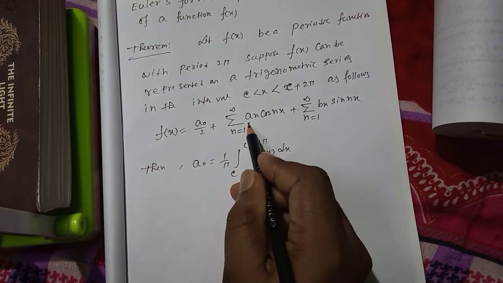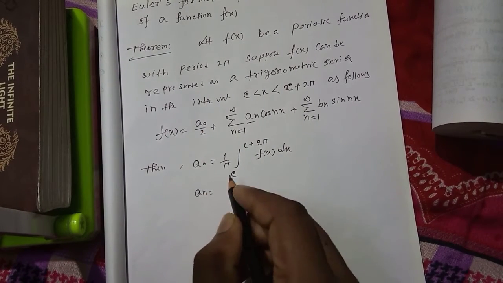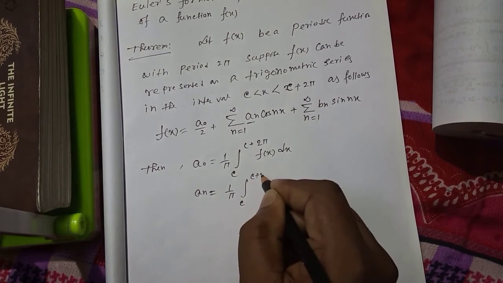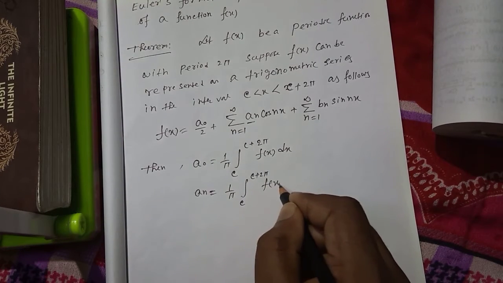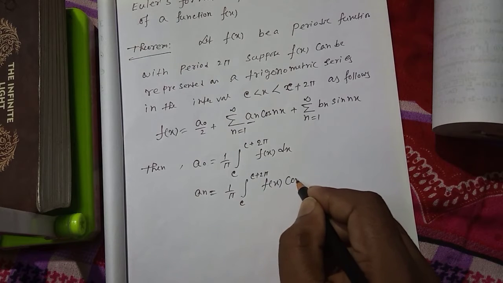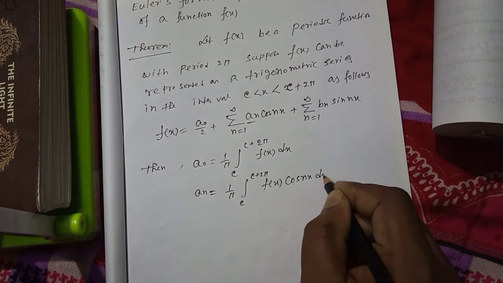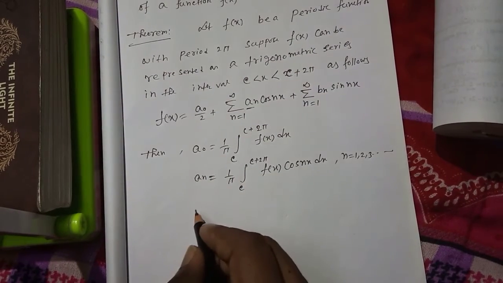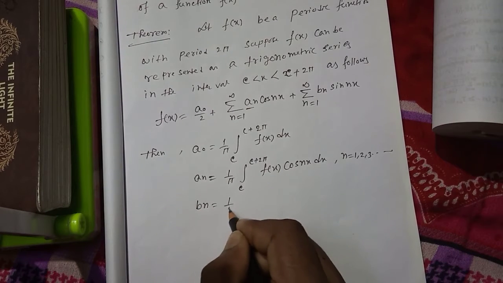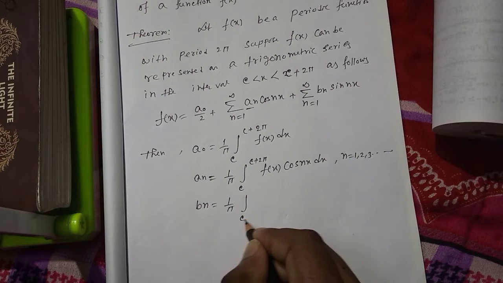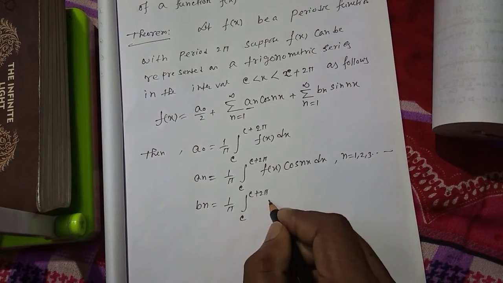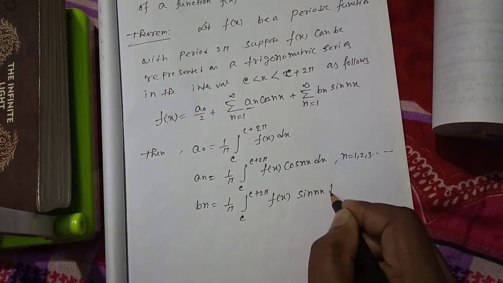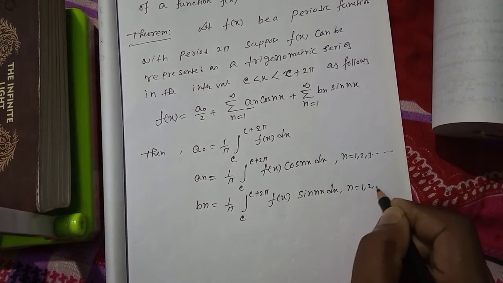This is a0. an = (1/π) times the integral from c to c + 2π of f(x) cos(nx) dx, n = 1, 2, 3, and so on, and bn = (1/π) times the integral from c to c + 2π of f(x) sin(nx) dx, n = 1, 2, 3, and so on.